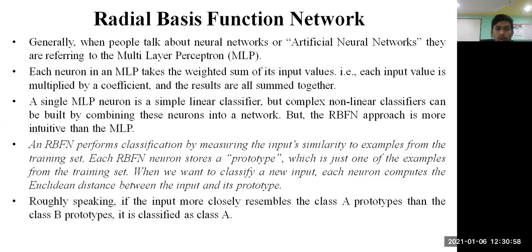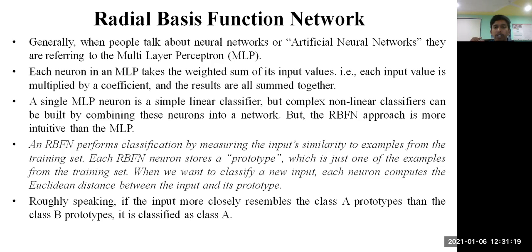When we want to classify a new input, each neuron computes the Euclidean distance between the input and its prototype. This is a very, very important concept with respect to your radial basis function network. The important metric to be understood here is the Euclidean distance function.